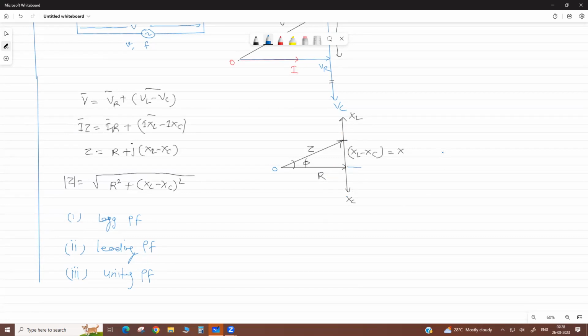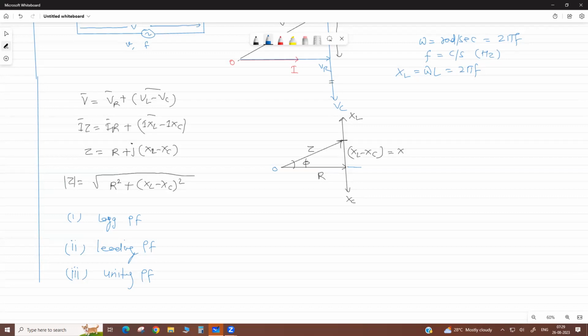But if XL is more, maybe your inductive reactance is more. It depends on frequency. Okay, because XL equals omega L, and omega is frequency in radians per second. Or we can write 2 pi f. Here f is also frequency, but it is in cycles per second, or it is called hertz. Clear?